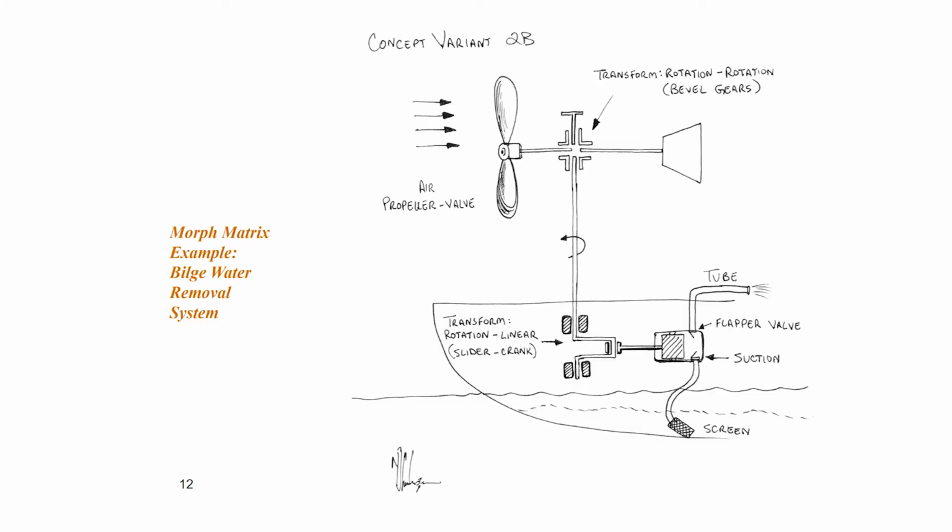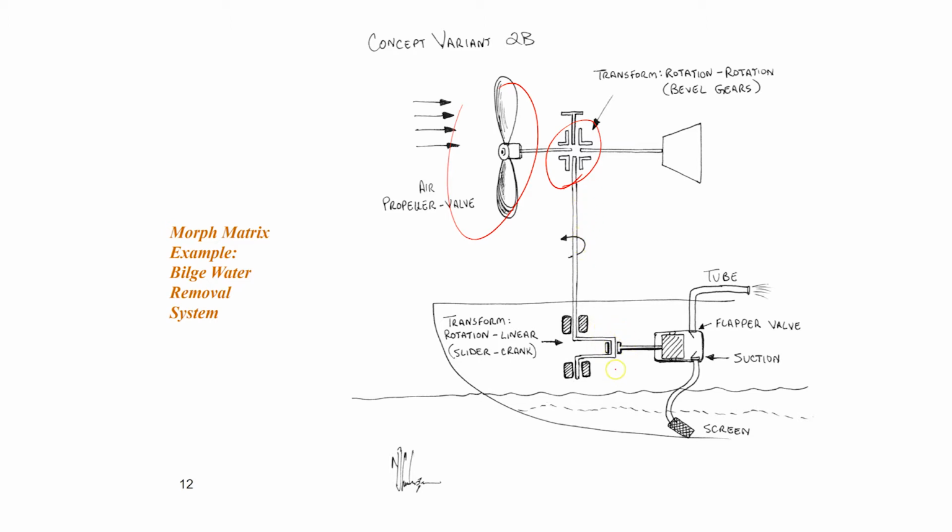Here's a second concept, pretty straightforward, for capturing wind energy. So it's got a propeller. It's got a relatively complex set of bevel gears here that transform the rotational motion from a horizontal axis to a vertical axis, as well as provide rotation so that the propeller is always facing into the wind.